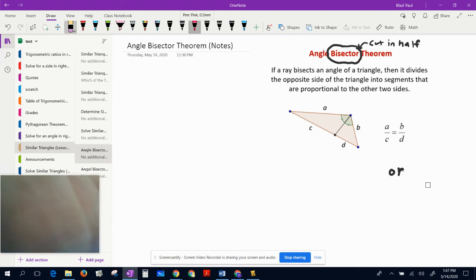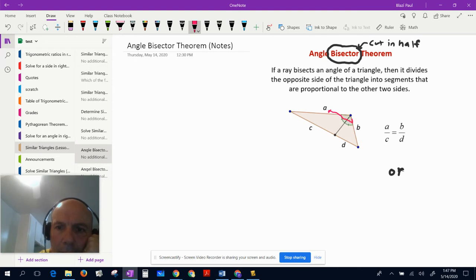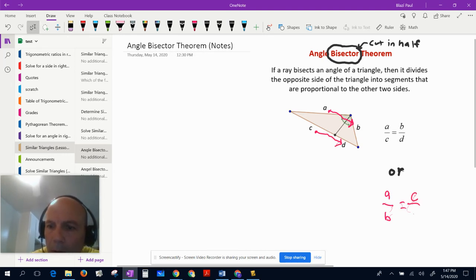So for this one, A is to B as C is to D. Okay? All right, it's that simple. You just have to get the proper sides lined up whenever you do the proportion, right?